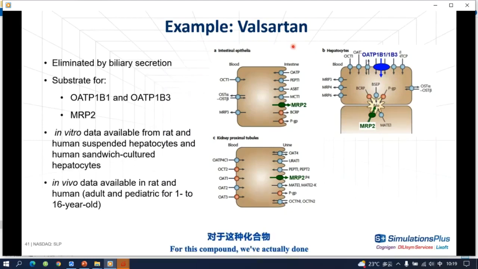And for this compound, we've actually done the full learn and confirm route of predictions, where we had data in vitro, had the PK data available in rat, in human, in adults, and then used that model to start predicting the PK in children between 1 and 16 years old.